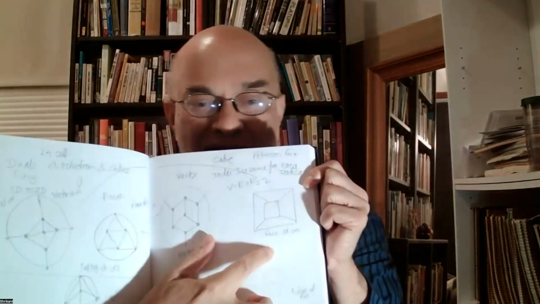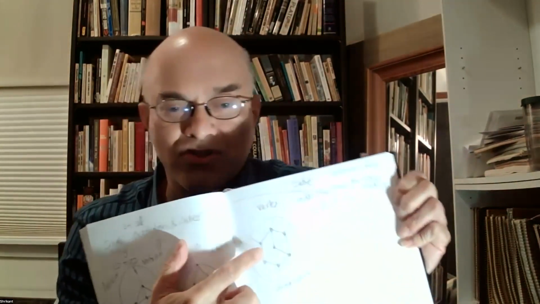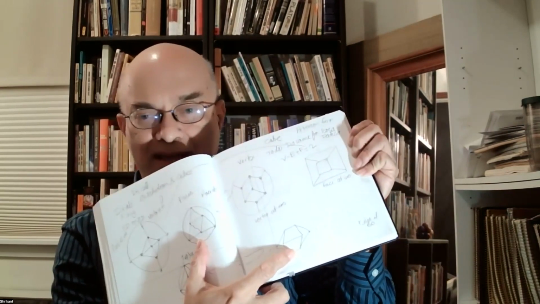So we went ahead and did the same thing for the cube. This is the 2D version of the cube. You can see this is the easiest one to see, where it is focused on the face. This is the one that is focused on the vertex, and this is the one that is focused on the side.